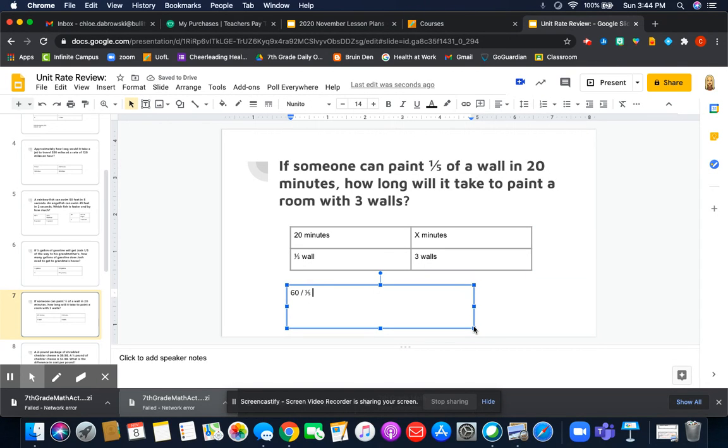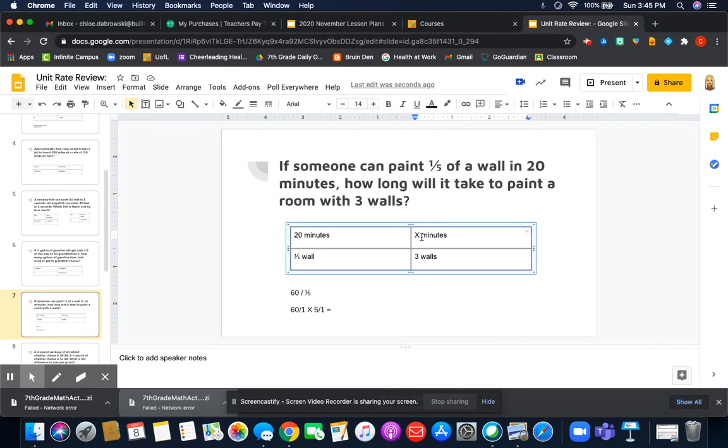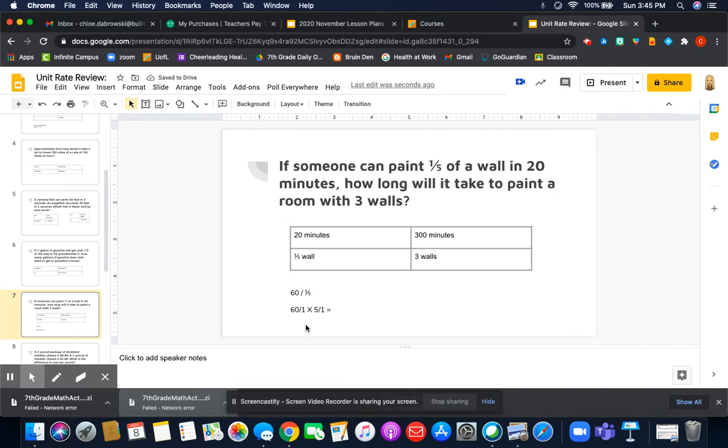So if I have 60 divided by 1/5, I'm actually going to turn that into 60 over 1. Keep, switch, flip. And that gives us a fraction of 60 times 5 is 300. So we'd actually have 300 over 1. So it is going to take us 300 minutes in order to paint all 3 walls.